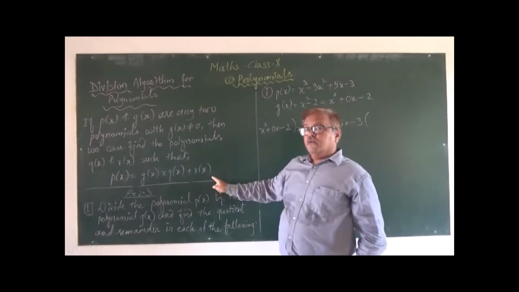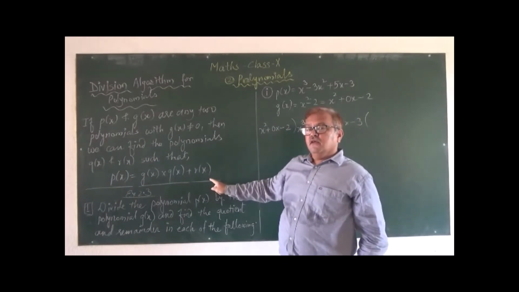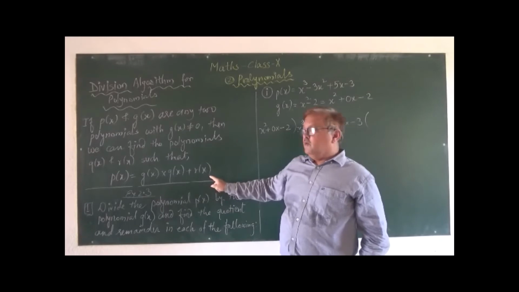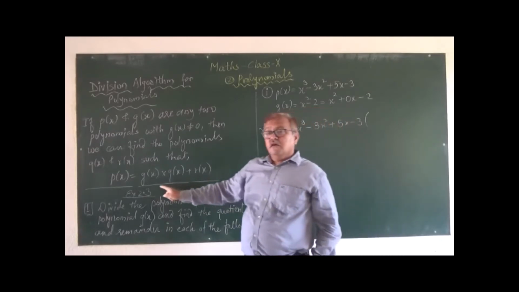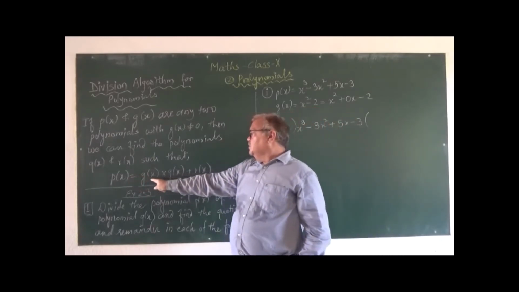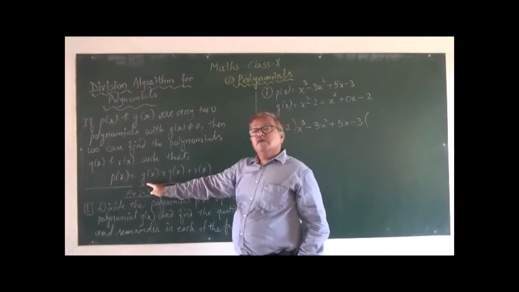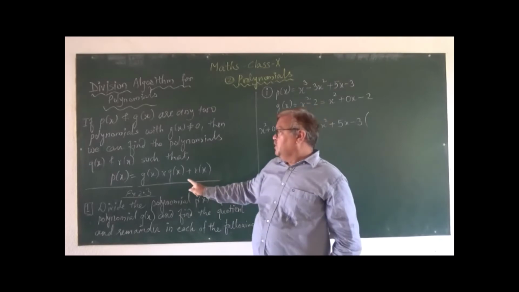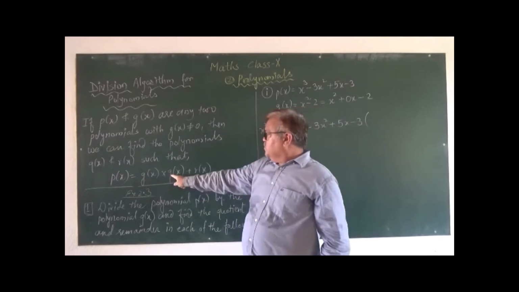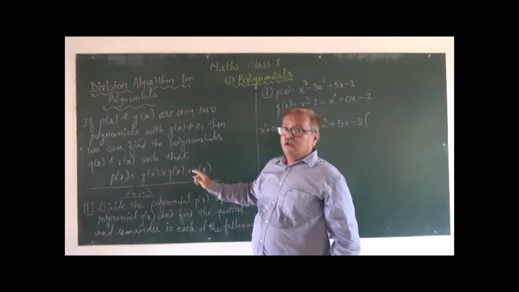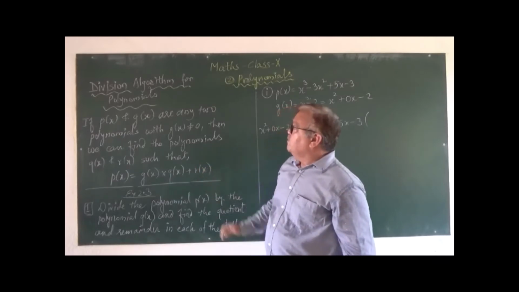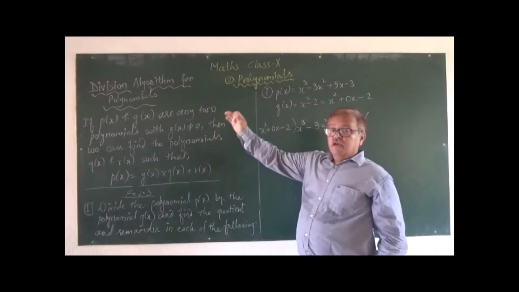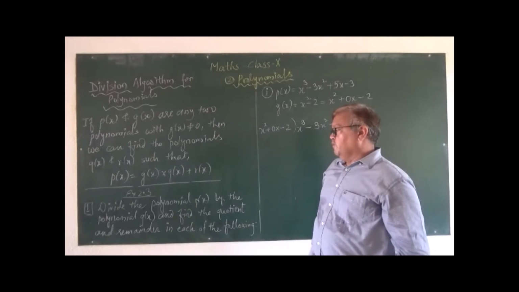If you recall from the lower classes, it is nothing but what you studied, a simple division. Dividend is equal to divisor into quotient plus remainder. So q for quotient and r for remainder, you can remember this way. This is called the division algorithm for polynomials.